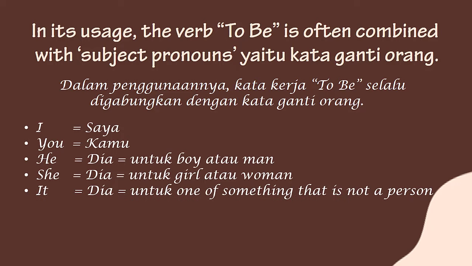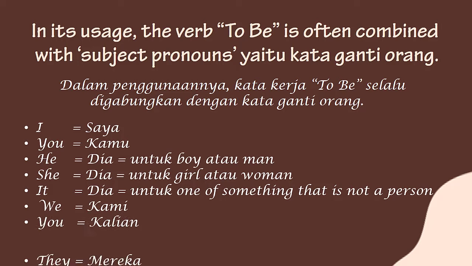It, biasanya digunakan untuk sesuatu yang bukan berupa orang, misalnya hewan, tumbuhan, atau benda mati. We, yaitu kami. You, yaitu kalian. And they, yaitu mereka.